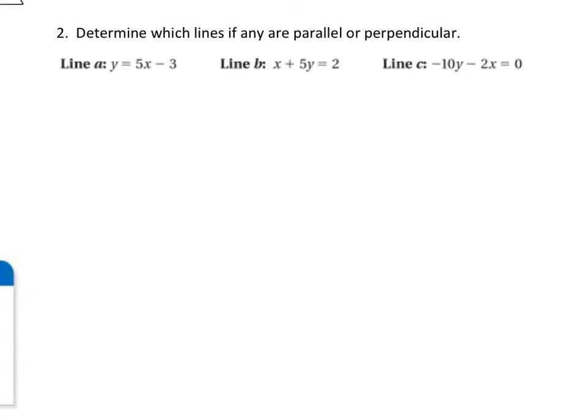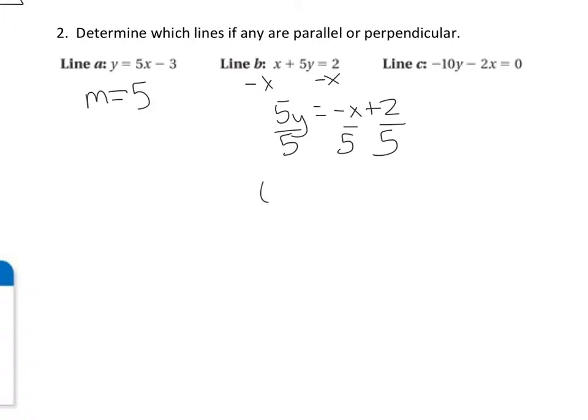So the first thing we've got to do, identify the slope. That's 5. Here, we need to get this one, subtract the x. You get 5y equals -x plus 2. Divide everything by 5. So you get y equals -1/5 x plus 2/5.